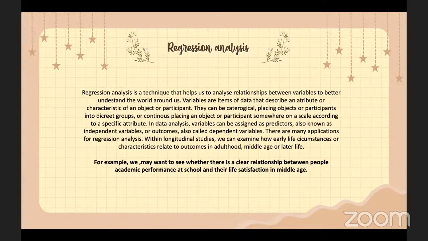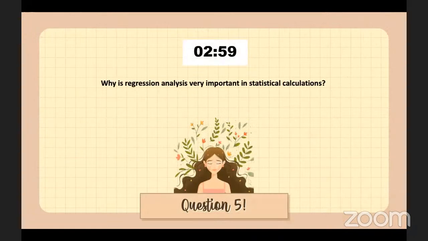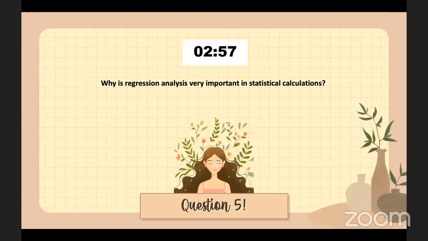For example, we may want to see whether there is a clear relationship between people's academic performance at school and their life satisfaction in middle age. On to the question, why is regression analysis very important in statistical calculations?